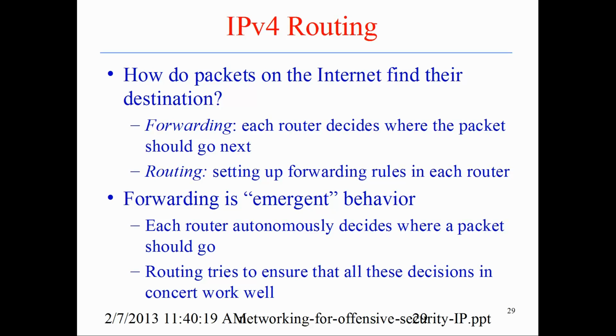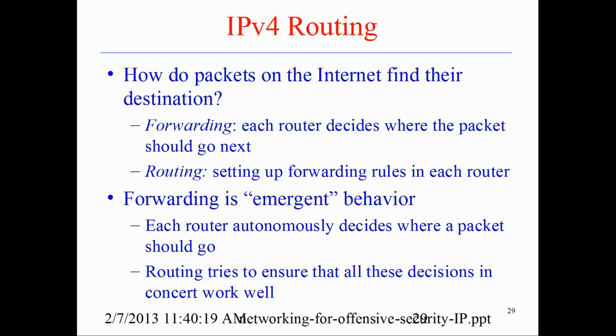IPv4 routing effectively relies on routers forwarding packets to where they should go next, from one router to the next, and routing is facilitated by forwarding rules that are maintained in each router.